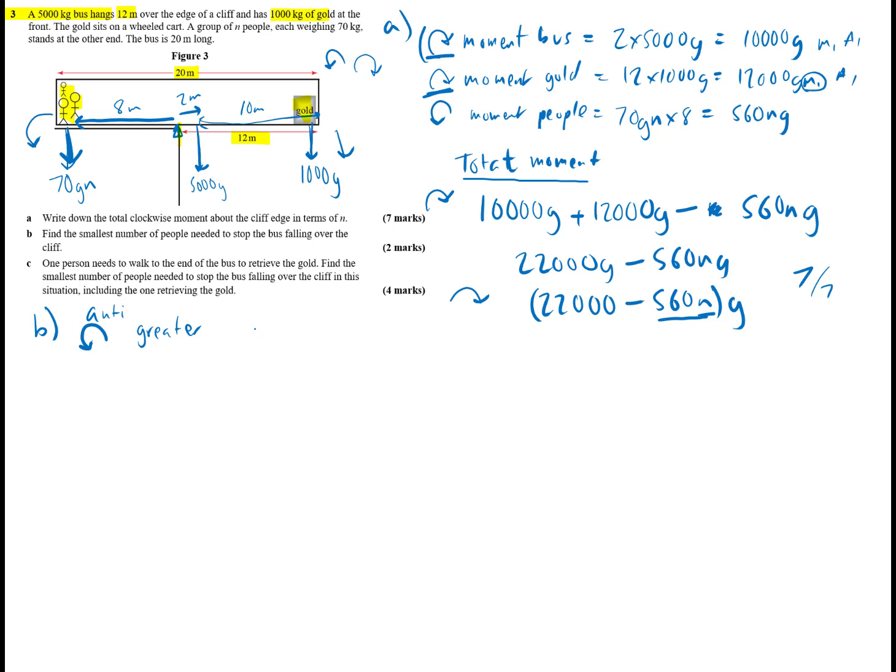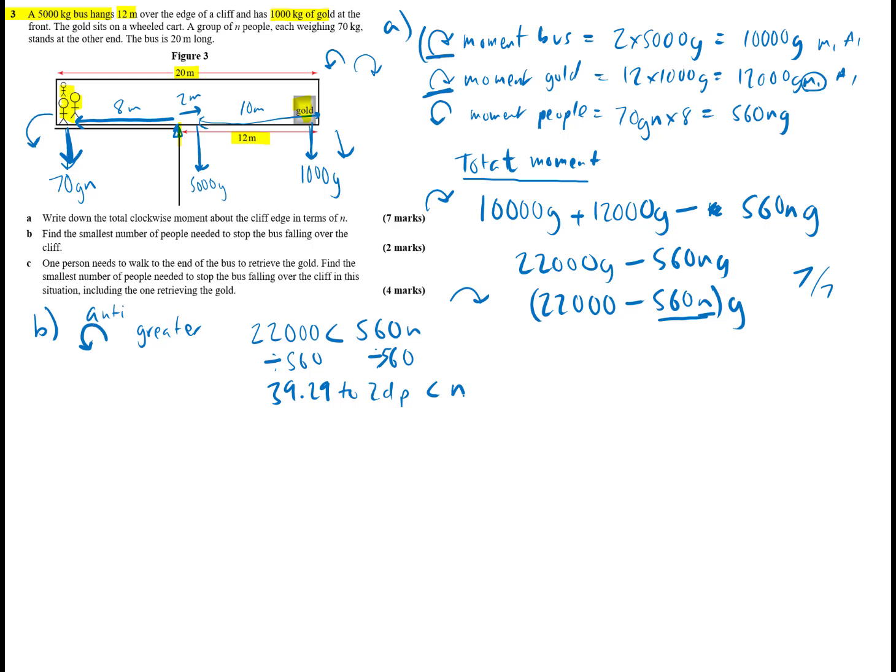So if we start off with 22,000 needs to be less than 560n, divide by 560 on both sides, we get 39.29 to 2 decimal places.